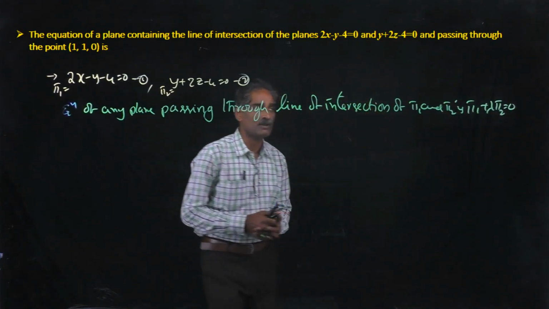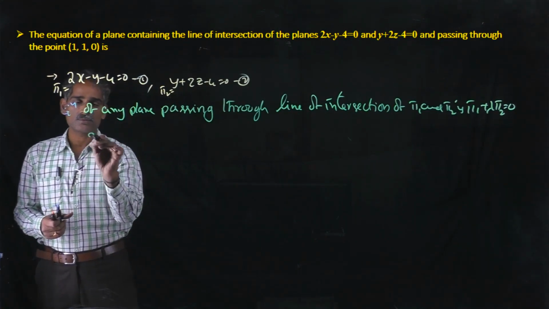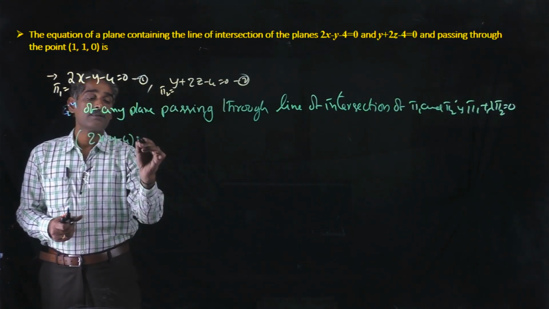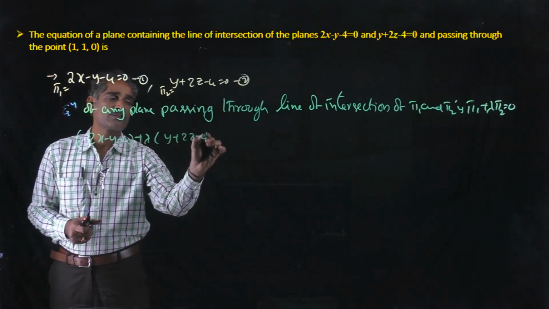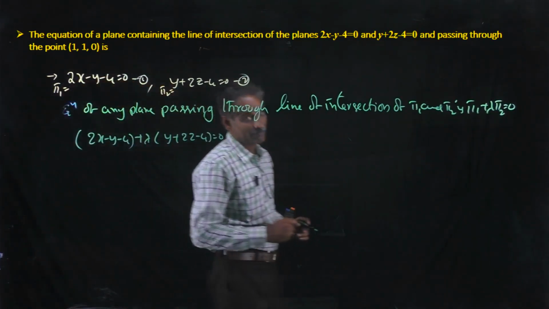This is the formula. So now 2x minus y minus 4 plus lambda into y plus 2z minus 4 equal to 0. This is the required plane with unknown lambda.